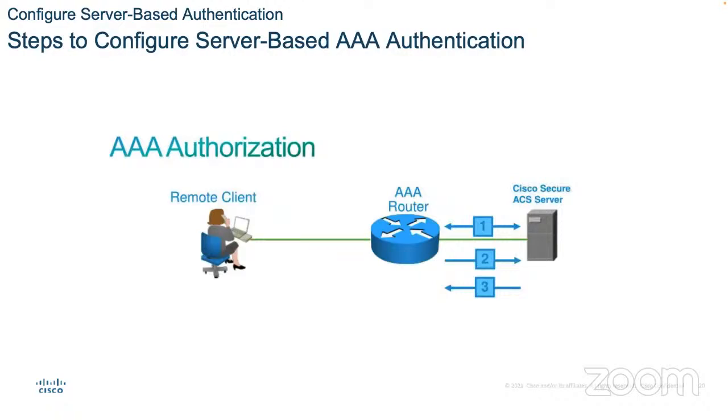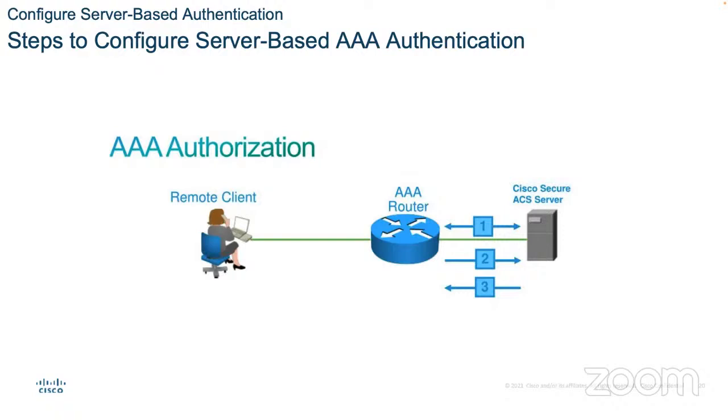So to configure server-based AAA, it's really four steps. We have to globally enable AAA to allow the use of those elements. Duh. Just like we have to turn on an interface in order to use it. You have to specify the server that will provide those AAA services.